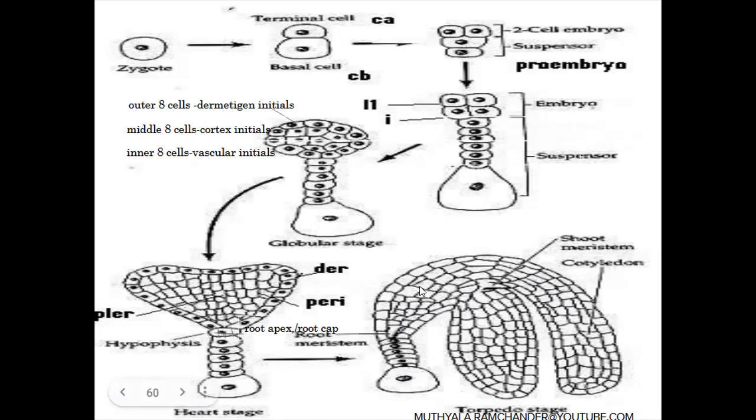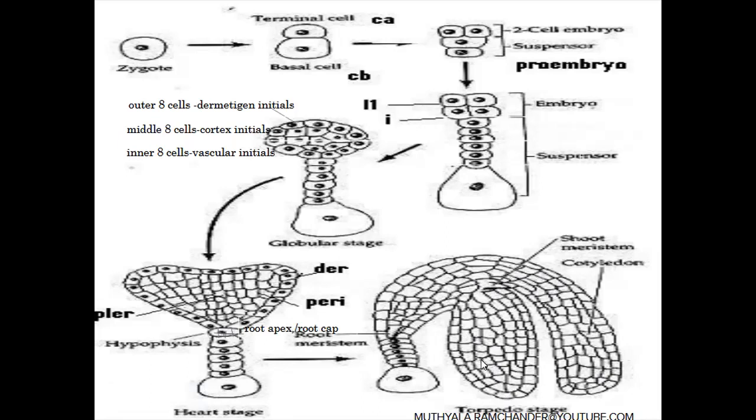Finally, the mature torpedo-shaped embryo contains the epicotyl and hypocotyl. Epicotyl means the upper portion of the dicot embryo. Epi means the upper part of the embryo.